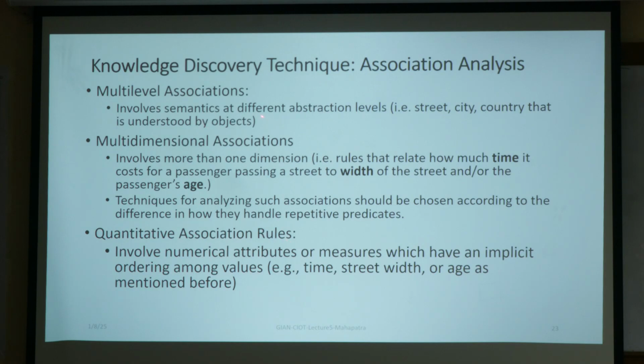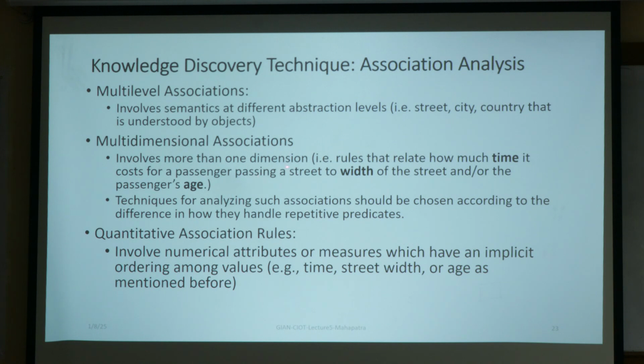In multi-level associations, if you look at the same example, you may have meanings at different levels, such as street level, or city level, or country level, and so on. Now, multidimensional involves more than one dimension, sometimes time.